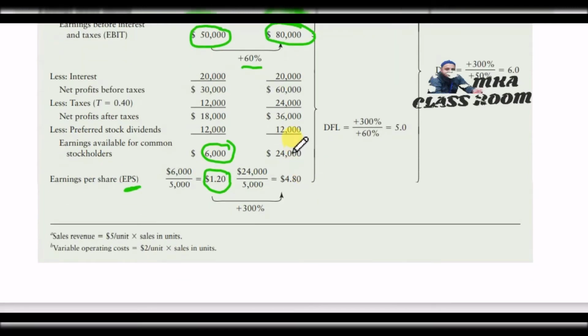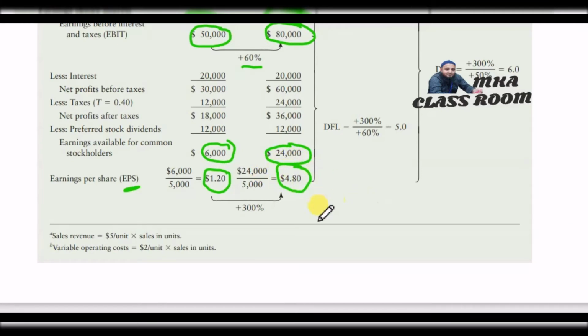Then we have got 24,000 as our earnings available for common stockholders, divided by 5,000, then 4.80 is our earnings per share, EPS. What would be its increase? It is increasing by 300%.